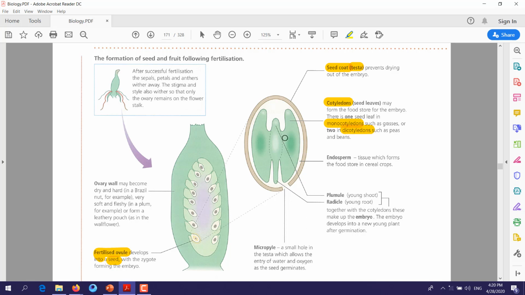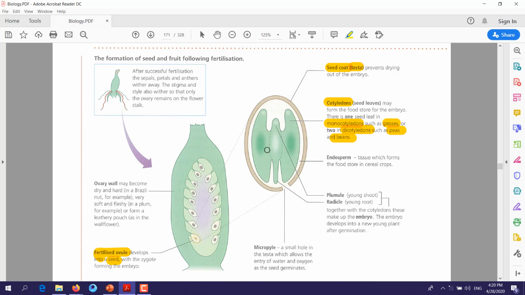What does that mean? In some plants, the seed will have only one leaf. If it's one leaf, we call it monocotyledon, such as grass. But if it has 2 leaves, we call it dicotyledon, meaning 2, such as peas and beans.